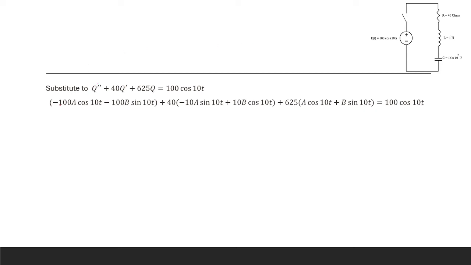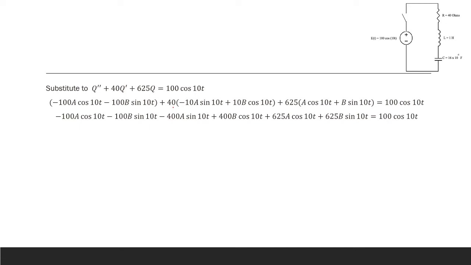Negative 100A cosine 10t minus 100B sine 10t plus 40 times q prime, which is negative 10A sine 10t plus 10B cosine 10t, plus 625 times q, which is A cosine 10t plus B sine 10t, is equal to 100 cosine 10t. We simplify para makuha natin yung values ng A and B natin.